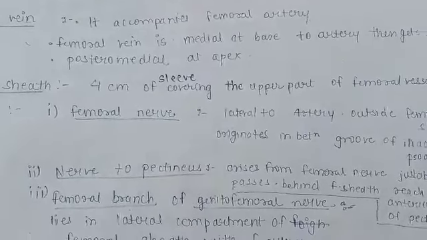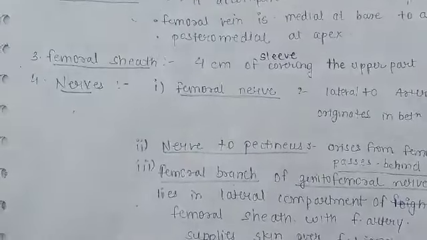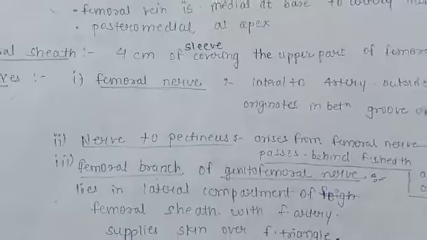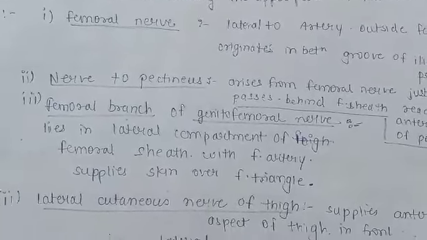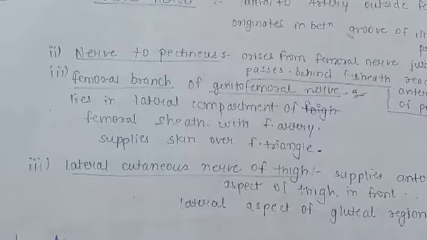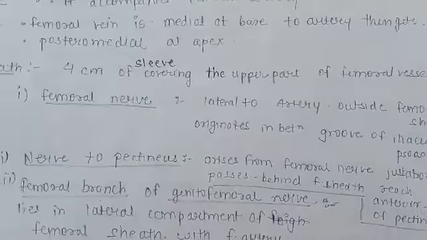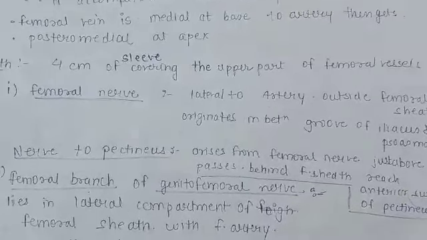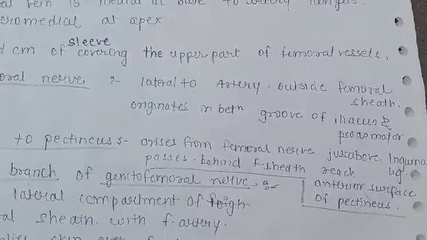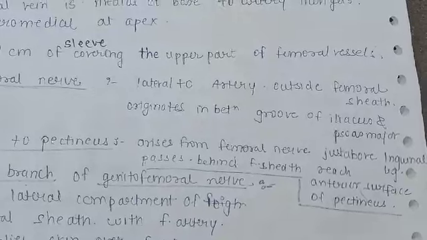There are nerves, which consist of the femoral nerve, nerve to pectineus, femoral branch of genitofemoral nerve, and lateral cutaneous nerve of the thigh. Firstly, there is the femoral nerve, which is lateral to the artery, and it lies outside the femoral sheath.